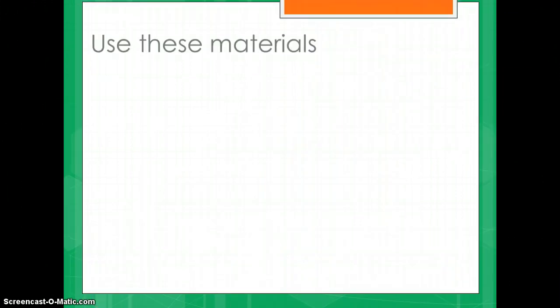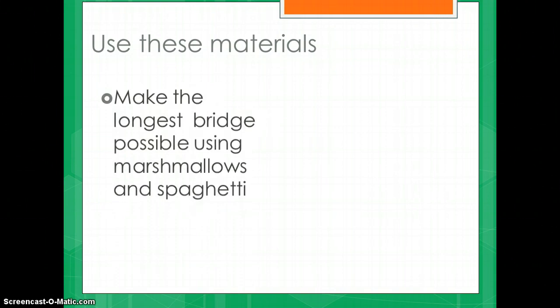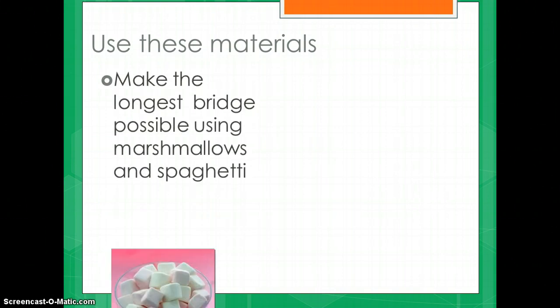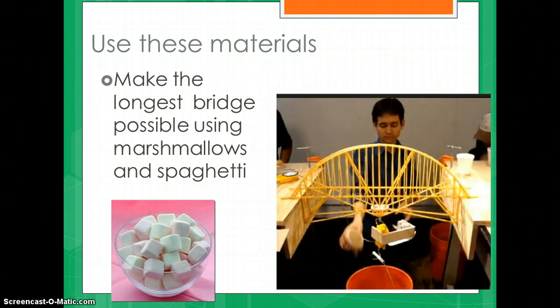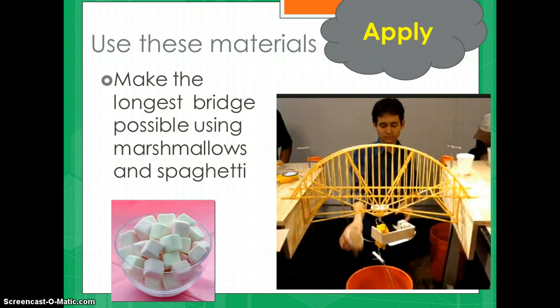You might ask them to use these materials and make the longest bridge using marshmallows and spaghetti. So that would be the application part, doing something hands-on. Then you'll discuss it.